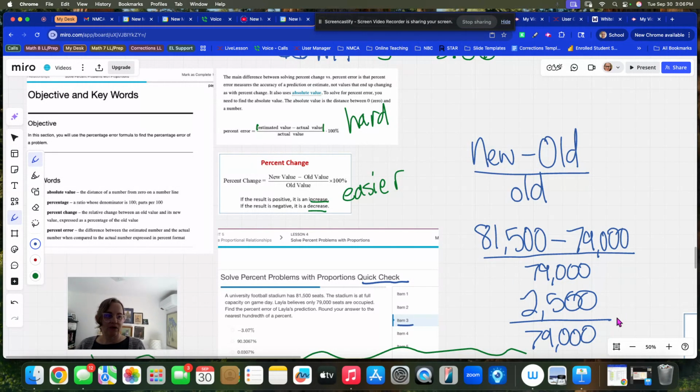This number is about 0.031. When I round, I'm going to identify the place that I want to round to. That's the hundredths place. Then I'm going to look next door. If it's 5 or more, I'm going to raise the score. If it's less than 5, I'm going to let it rest at the 0.03. So the answer is 0.03. Oh, nearest hundredth of a percent.